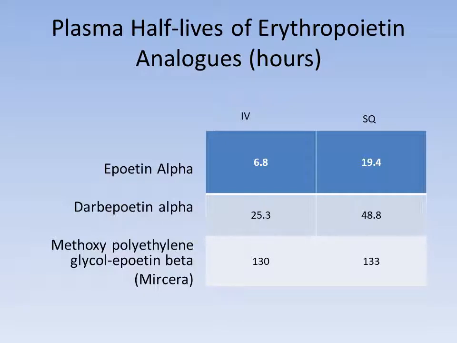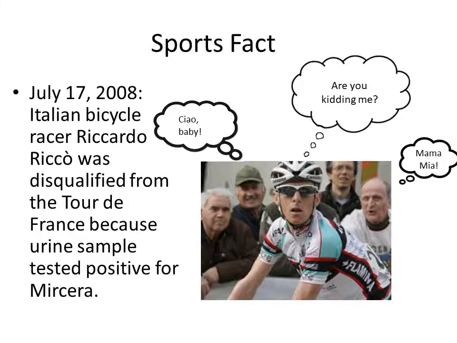So it lasts for several days in the plasma, which is why it can be dosed every 2 to 4 weeks. Okay, fun fact, July 17, 2008, the Italian bicycle rider Riccardo Riccò was disqualified from the Tour de France because the urine sample tested positive for Mircera. So, unfortunately, these medications have been abused by athletes who want to increase their ability to deliver oxygen to their tissues by making more red blood cells.